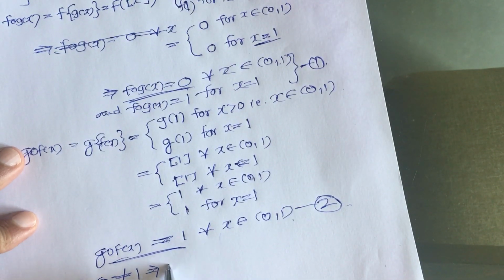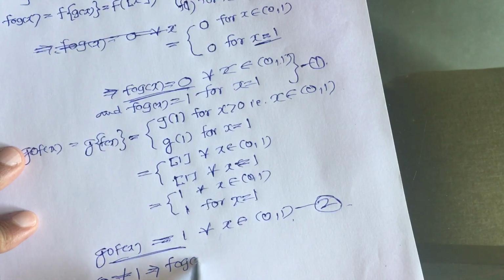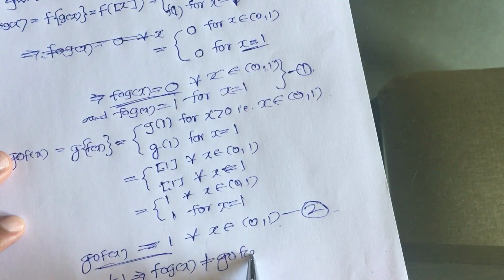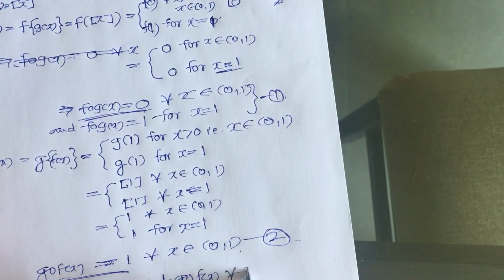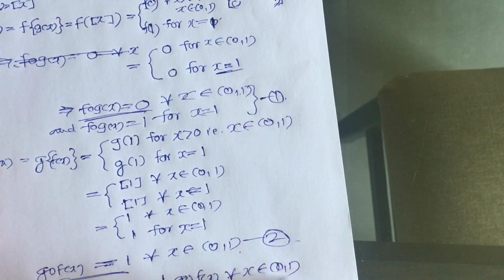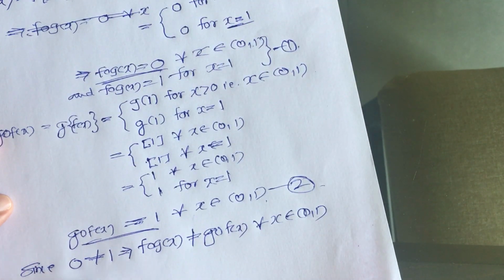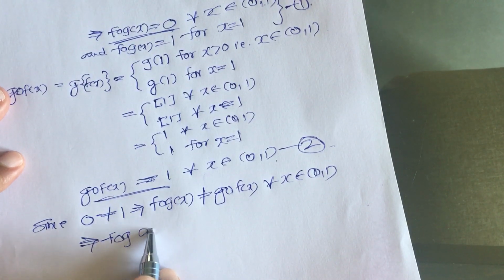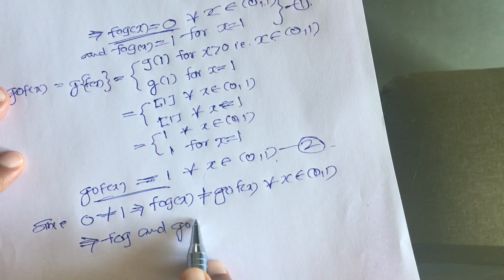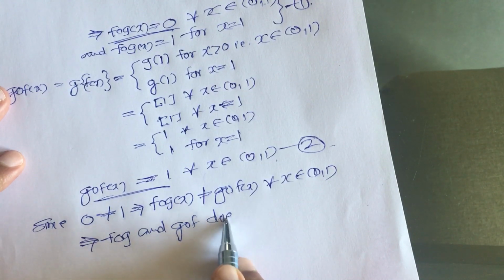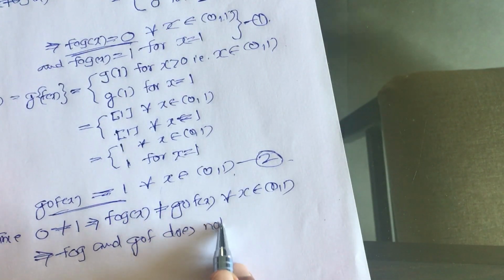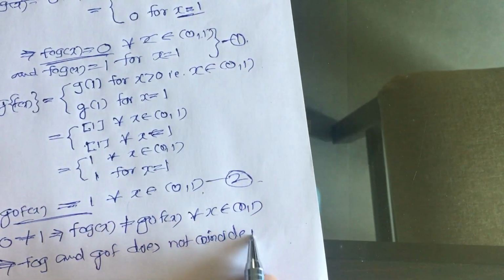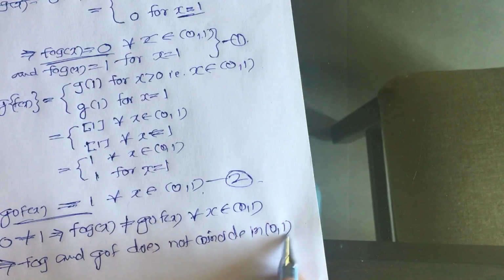So, this implies f composite g of x is not equal to g composite f of x for x in 0 1. So, f composite g and g composite f do not coincide in the interval 0 1.